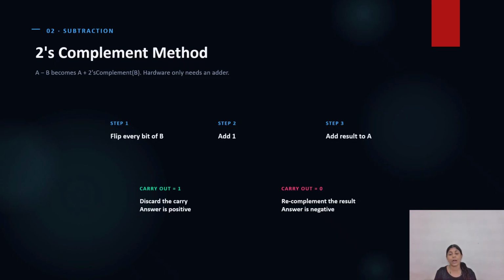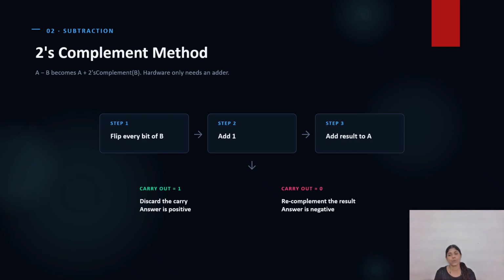Step 3, you have to add the 2's complement to A. That's why I represented it as add result to A. Right? So step 1 is 1's complement, step 2, 2's complement, and step 3, addition of the given A with the 2's complement of B.